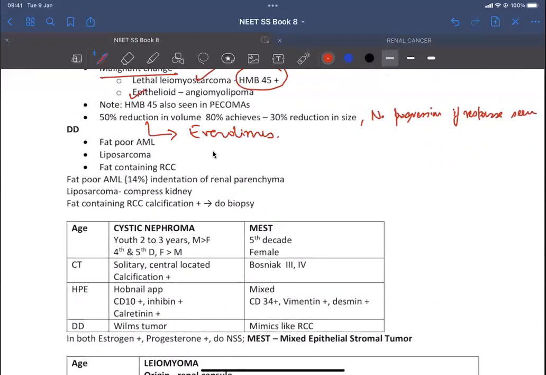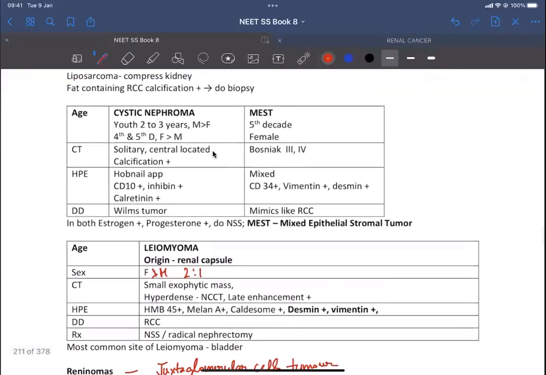About 50% achieve a reduction in volume, and 80% achieve at least a 30% reduction in size. And if there is any response, they generally don't have any progression, which is good.